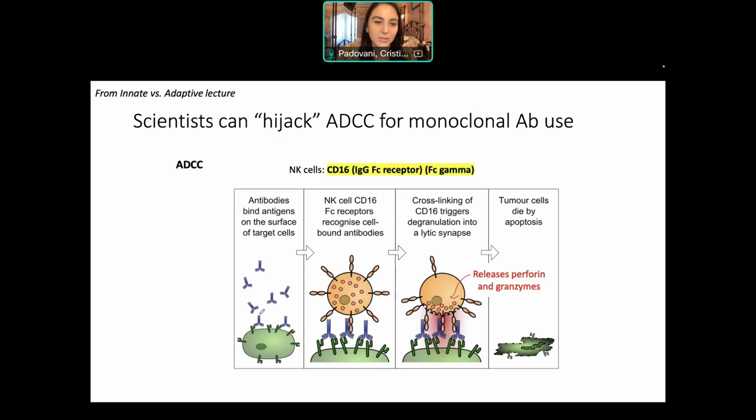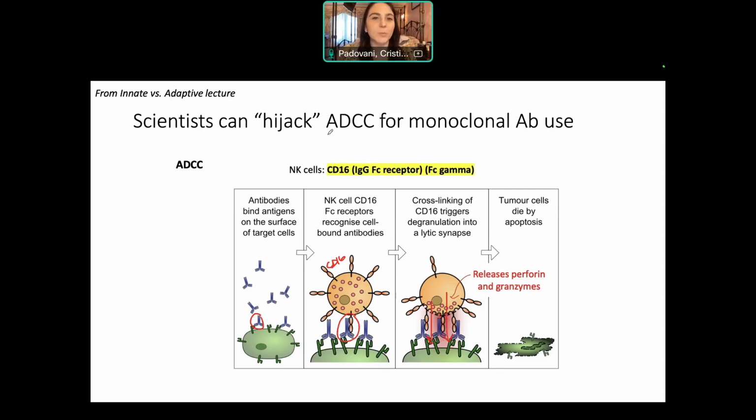Here's a target cell, and here's an antibody binding it. NK cells have CD16 on their surface, which recognizes the Fc portion of an IgG antibody. So that's what it's recognizing here. And now it's able to release perforin and granzyme to kill whatever that target cell is.